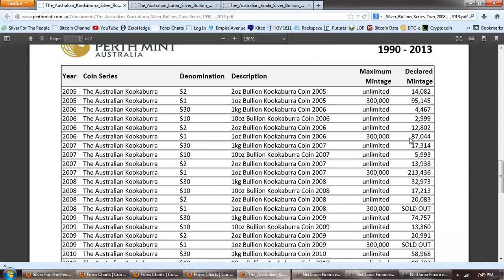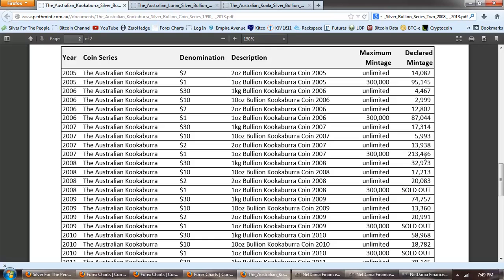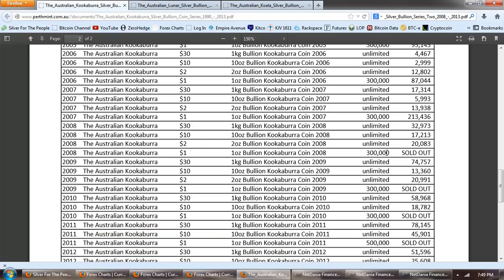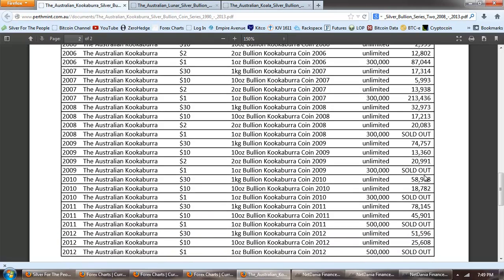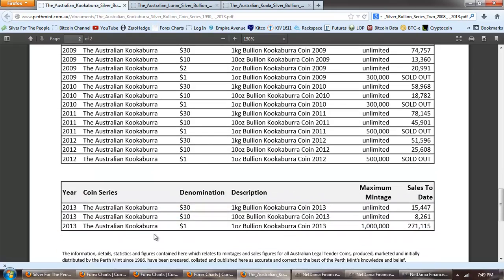Now this was the second leg of the silver bull market, and you can see we had a big jump in 2007 to 213,000. Then we sold out in 2008, and we sold out every year since then. You can see that the 2013 Kookaburra is already, to this date, sold 271.